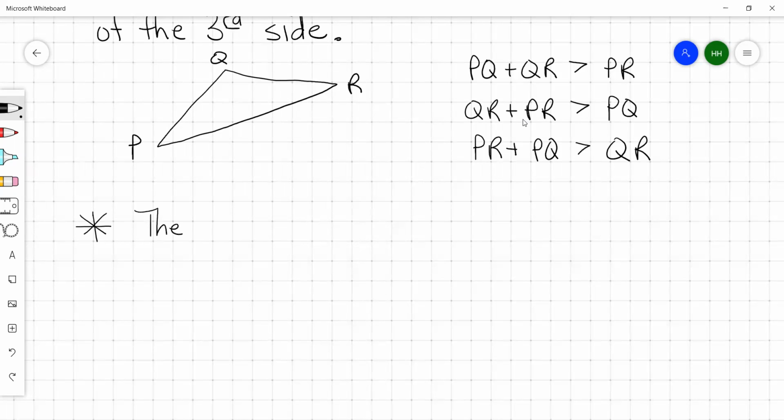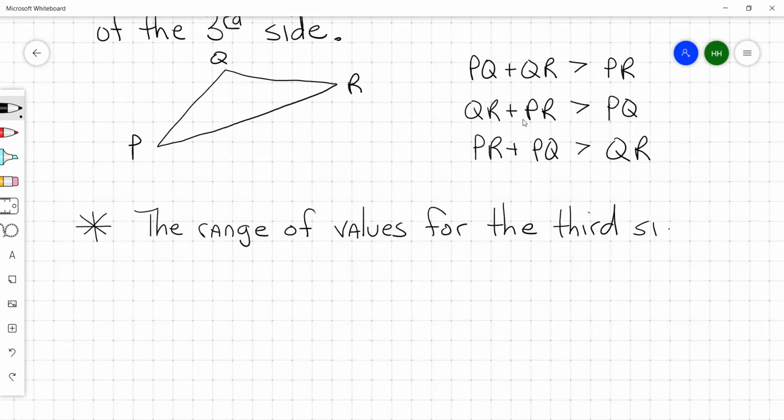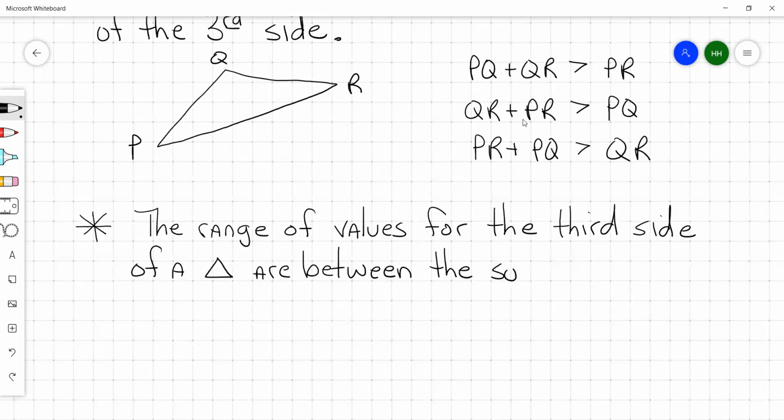We're going to say the range of values for the third side of a triangle are between the sum and difference of the two shortest sides.